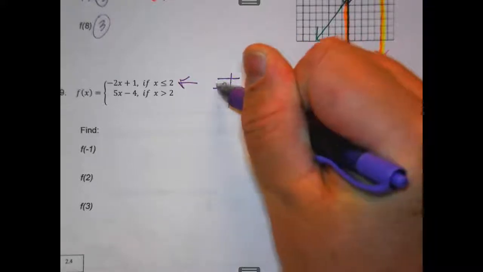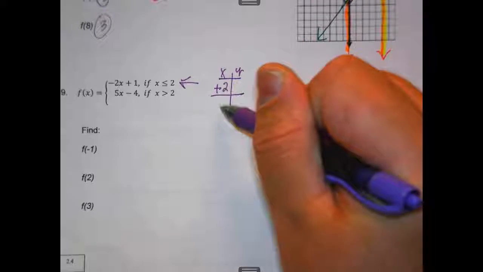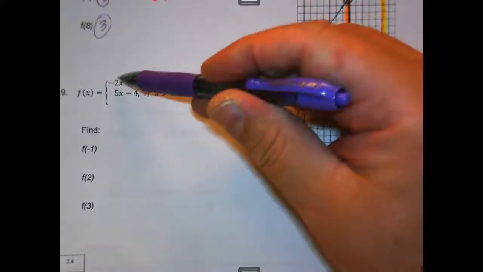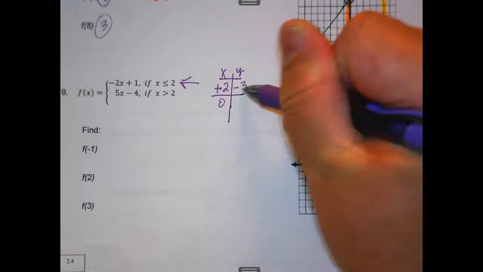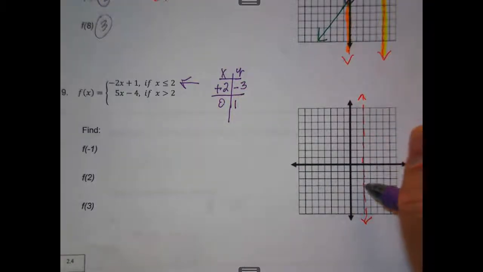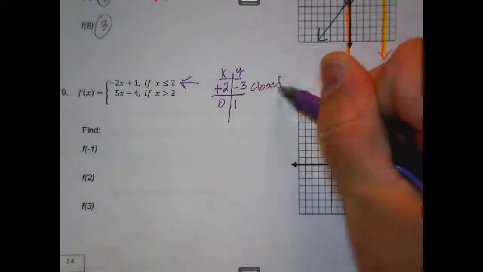I'm sorry, positive 2. And something less. How about 0? Okay, 2 times negative 2 is negative 4 plus 1 is negative 3. 0 times negative 2 is 0 plus 1 is 1. So I have 2, negative 3. Closed circle. Then I have 0, 1.